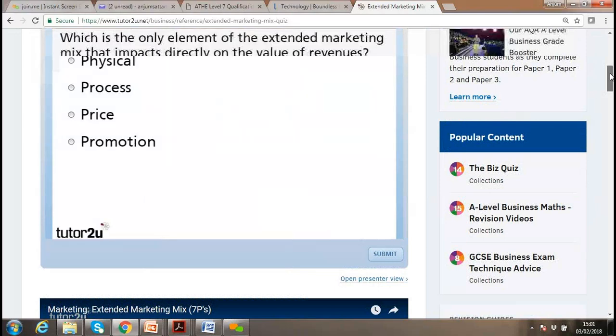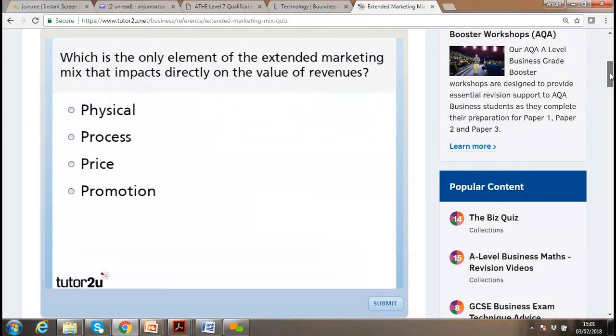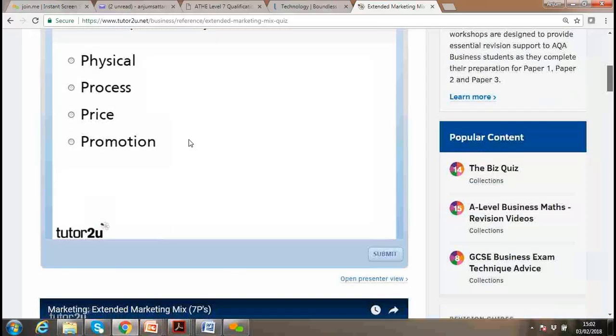First were the 4 P's: product, price, promotion, and place. Then the 3 P's were added to become the 7P model. Which one do you think is the element of the extended mix that impacts directly on the value of the revenue of the company, which could have a huge impact? Price? Price? Yes.